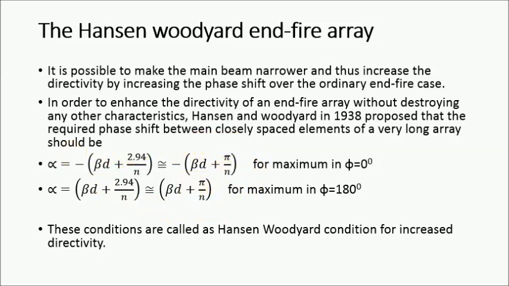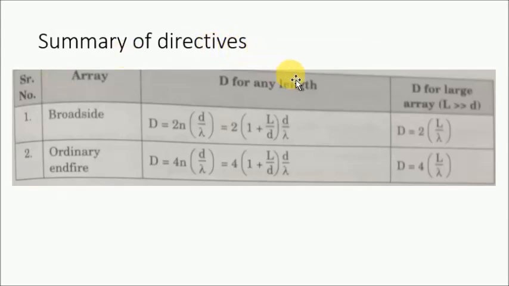Simply, the directivity for the broadside array is given as D equal to 2nd by lambda, or in other words we can say 2 into the bracket 1 plus l by d into d by lambda.